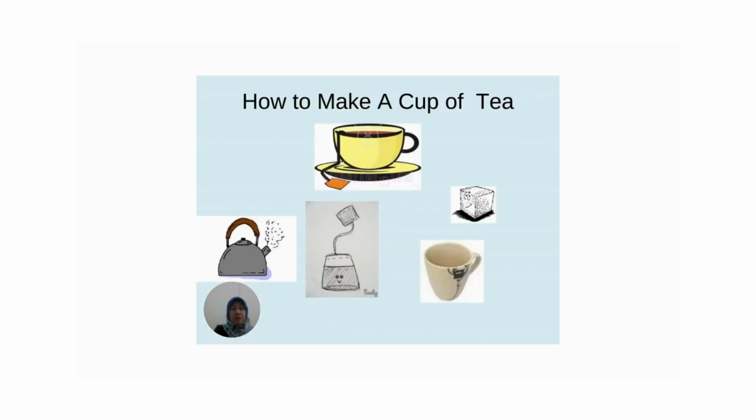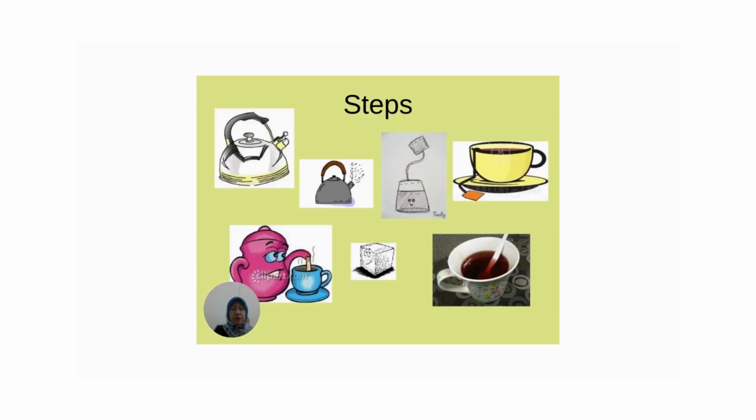Okay, for example, this is a simple example of the procedure of something. This is an example of how to make a cup of tea, because this is food and drinking. So this one is the example of the title, how to make a cup of tea.